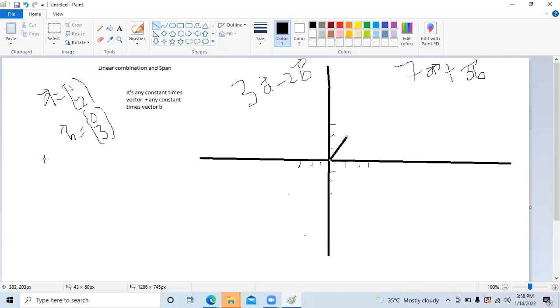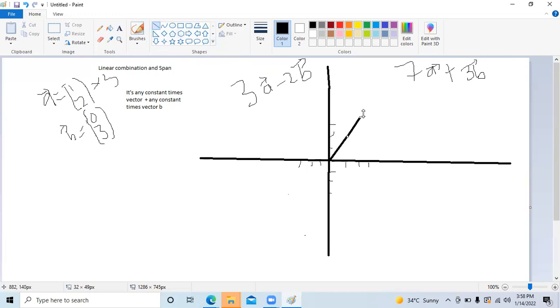But 3a, multiplying this by 3 now, is going to give us 3 times this vector, right? So it's going to give us something like this. So this is scaling it up by 2. Now scaling it up by 3. I don't want to go through the usual process.